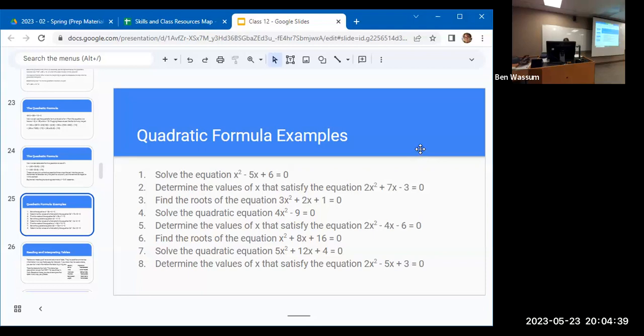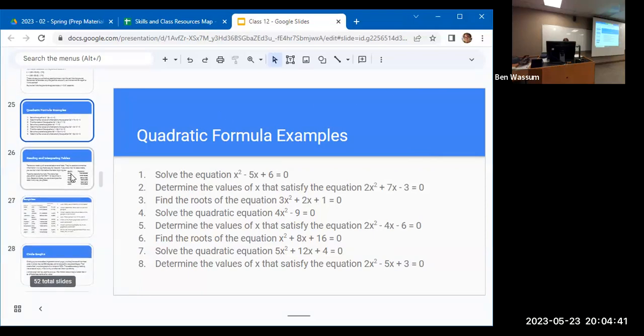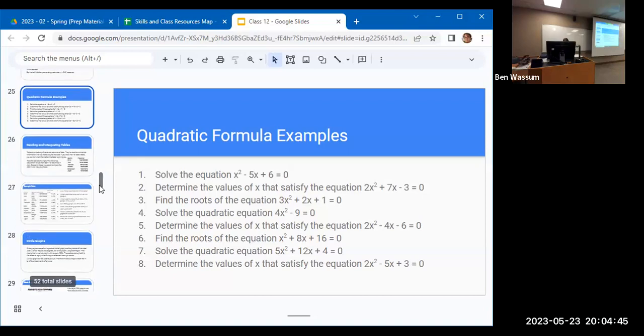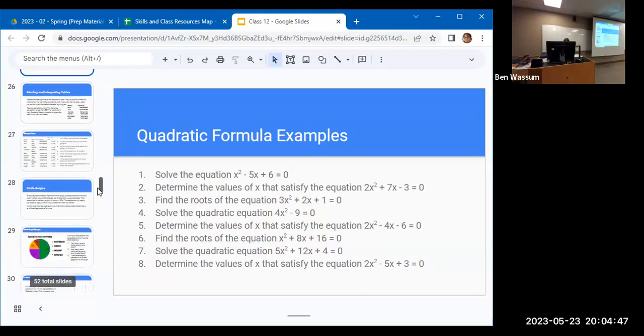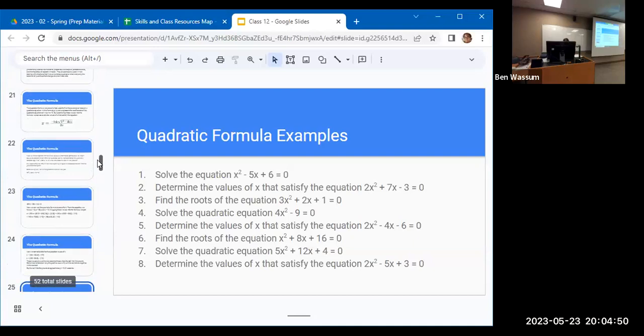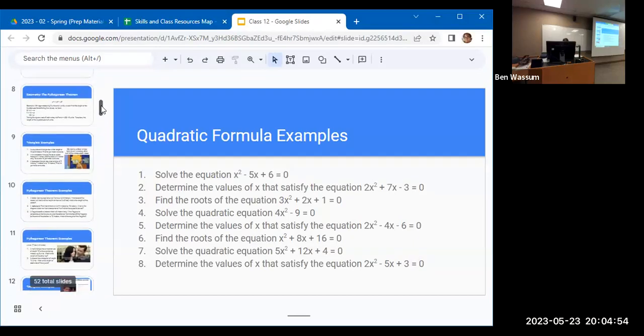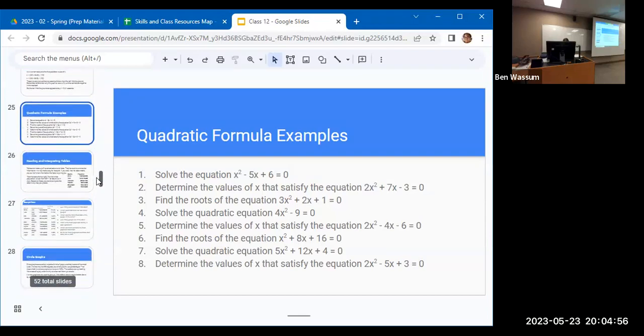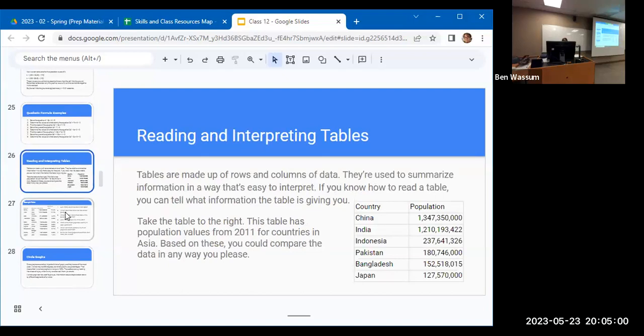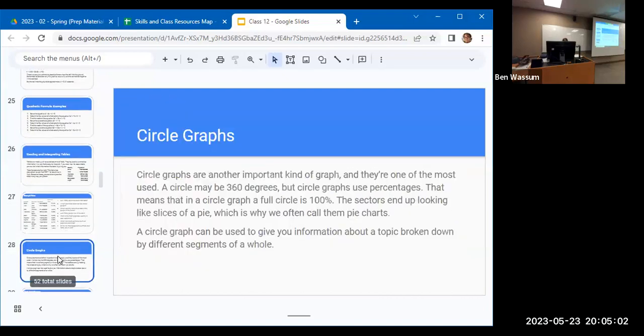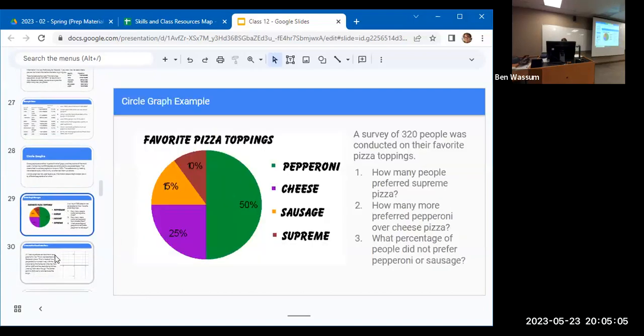Okay. So as it is, I'm gonna die, so I'm gonna call it good for the night. We're going to pick back up next time. Maybe a couple of quadratic formula examples just to round this off, and then reading and interpreting tables, circle graphs, not a whole lot of that.